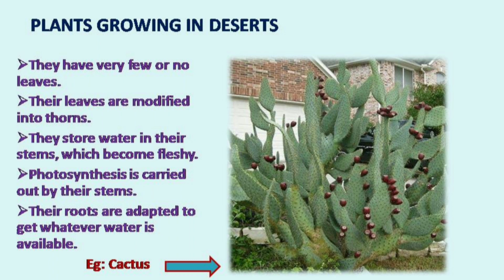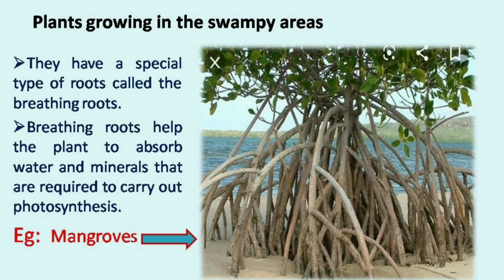Example: cactus. Plants growing in the swampy areas. They have a special type of roots called the breathing roots. Breathing roots help the plant to absorb water and minerals that are required to carry out photosynthesis. Examples of these plants are mangroves.